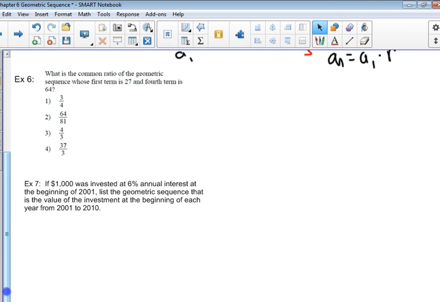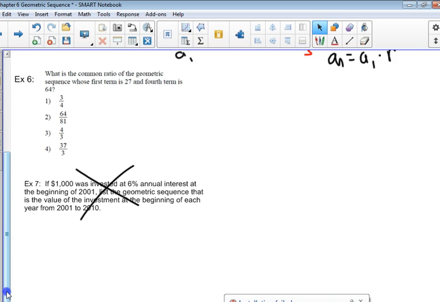We're not going to do the last one here. What is the common ratio for the geometric sequence whose first term is 27 and the fourth term is 64? It'll be the last one we do. Right, this one's tough. Now, it's kind of nice because you do have multiple choice here.